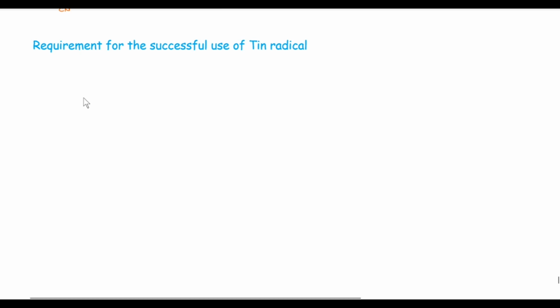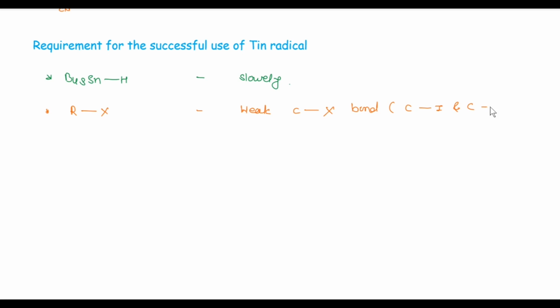The requirements for the successful use of tin radical. So the tin radical must be added or generated slowly. The RX, that is the starting material, must contain a weak carbon X bond, such as a carbon iodide or carbon Br bond.